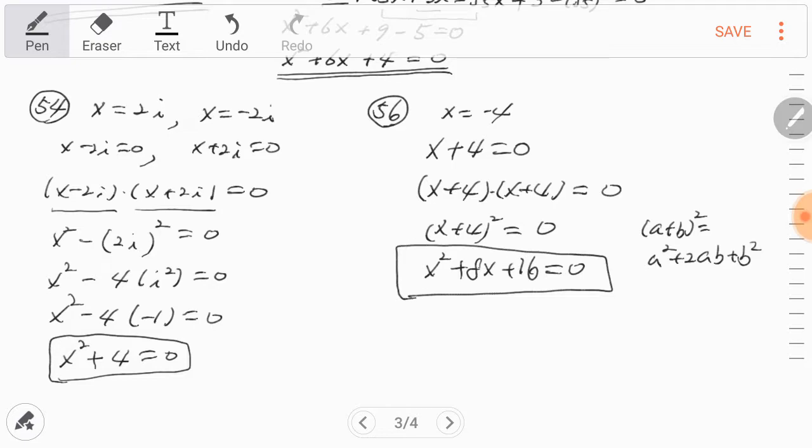So this is the quadratic equation. For a quadratic equation, we must have x squared. So x plus 1 does not make x squared, so we multiply x plus 1 one more time. 0 times 0 is still 0, so it doesn't affect the equation, so that we have x squared, the quadratic equation.